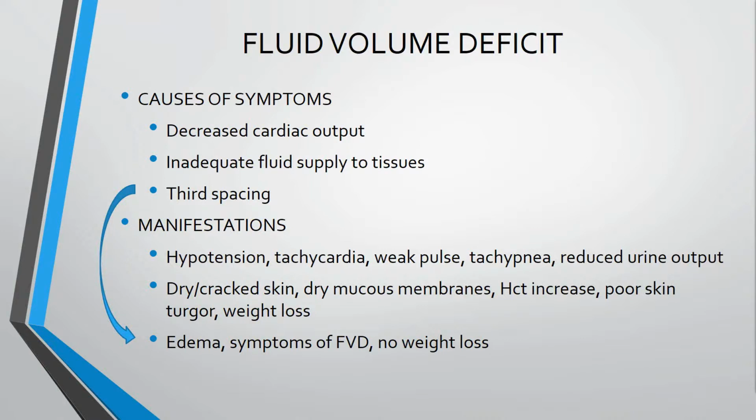So typically, it becomes trapped in interstitial tissues, and the patient has a deficit of intravascular fluid. So assessing the extent is difficult because there's no true loss or gain of fluid, but just a shift from one compartment to another. So we see this mostly with edema.